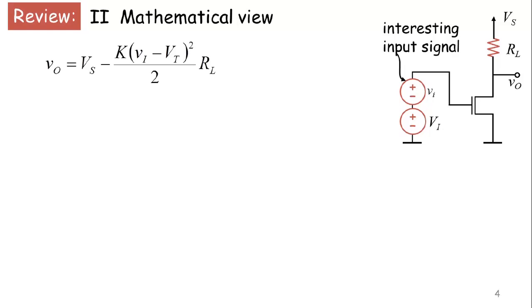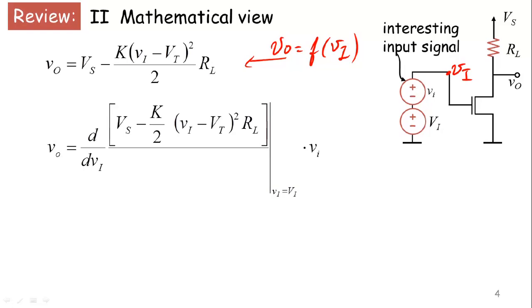We also looked at a mathematical perspective of the small signal, and recall that this was the input versus output transfer function. This was a nonlinear function. vO was a function of the input voltage vI. Then we also looked at directly deriving the small signal response from this transfer function.